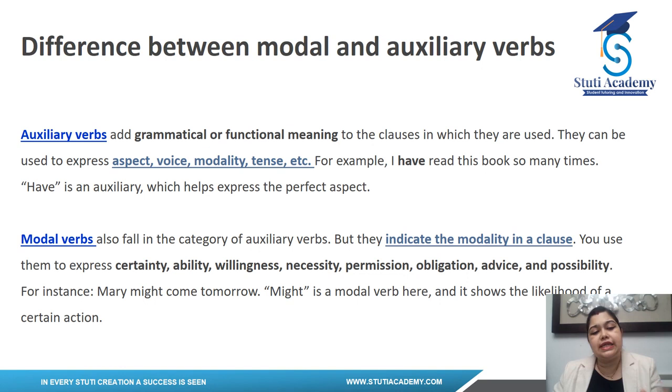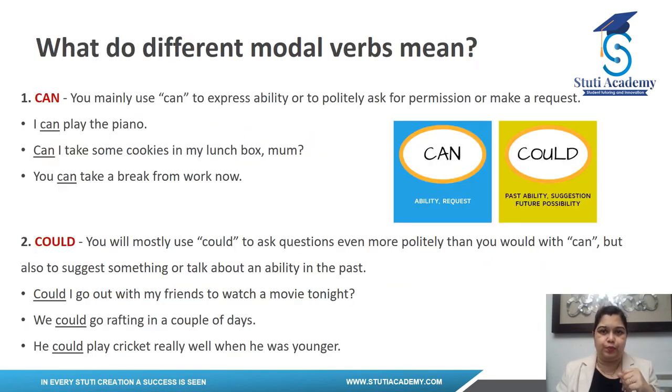Let's look at the example on the slide. Mary might come tomorrow. We don't know whether she will come for definite or not. Might is a modal verb because might expresses possibility, the likelihood of a certain action that will happen tomorrow.